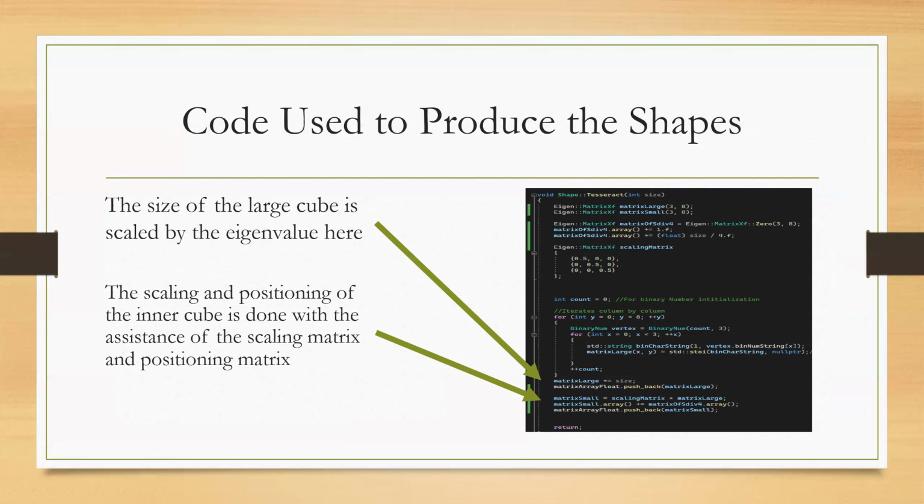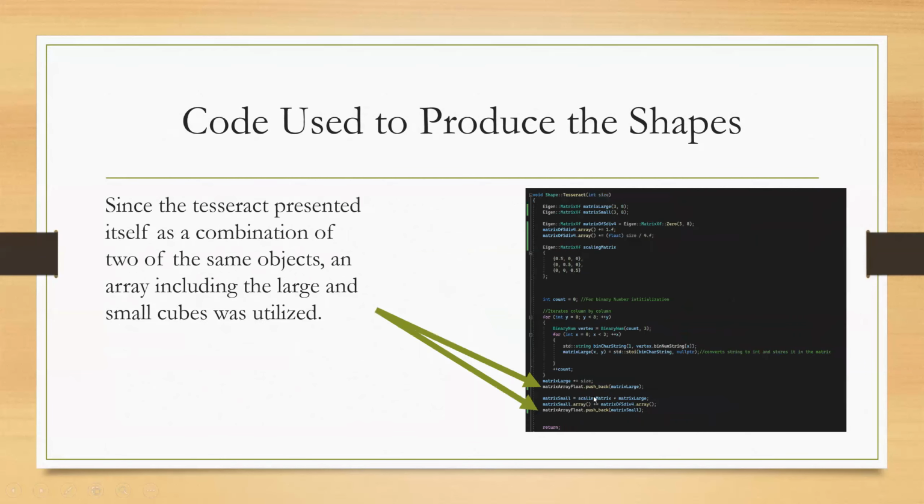The size of the larger cube is scaled down by the eigenvalue here, and the creation of the inner cube is done below with the help of the scaling and positioning matrices. Since the tesseract presented itself as a combination of two of the same objects, an array including the large and inner cube was utilized.